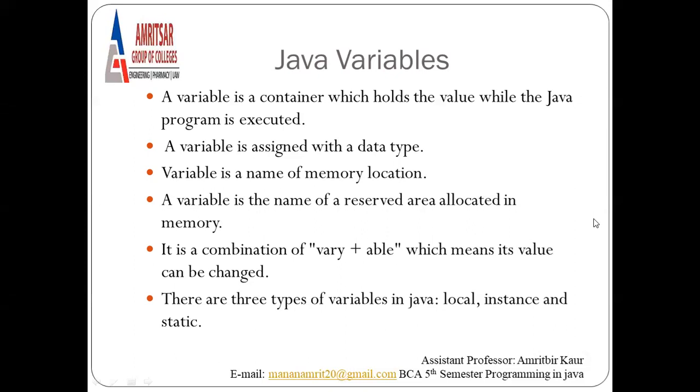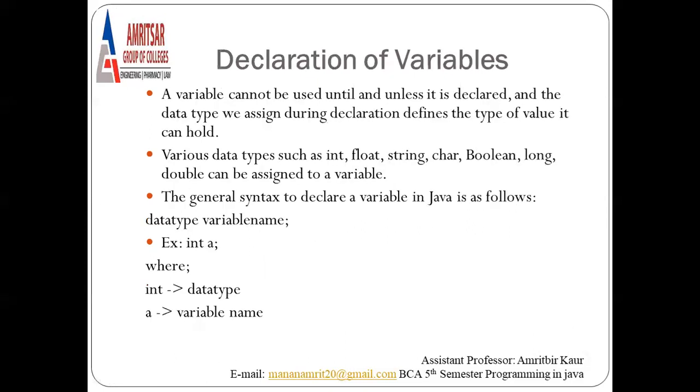There are three types of variables in Java: local, instance, and static. Firstly, we will learn how to declare a variable and how to initialize a variable. A variable is a very important element when we implement our program in Java.